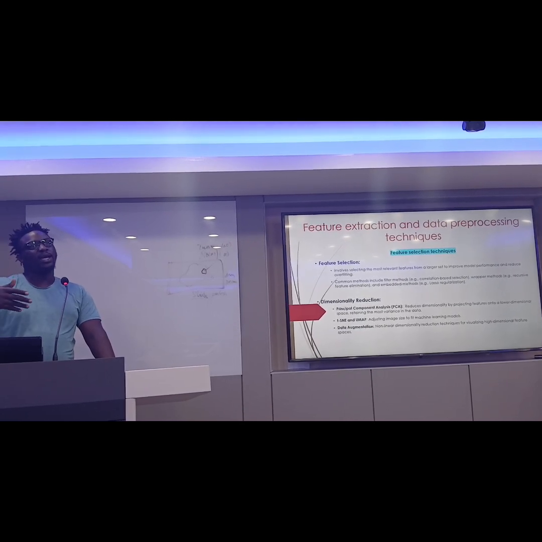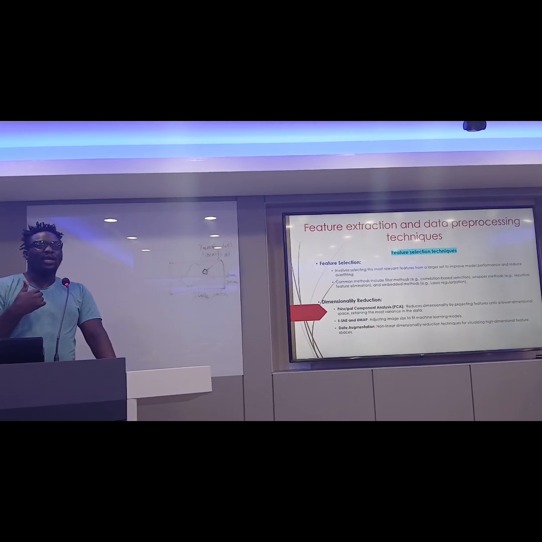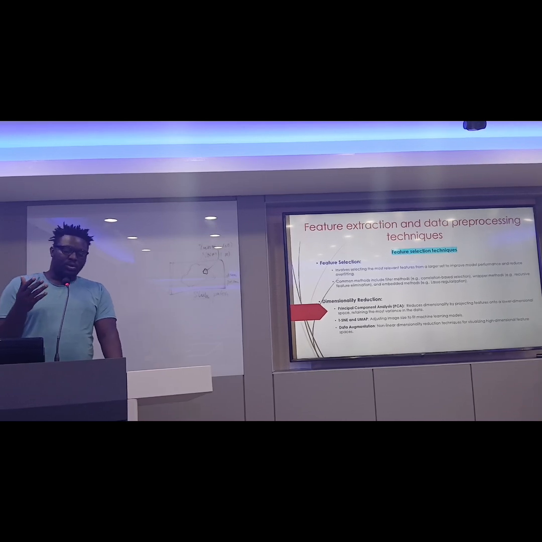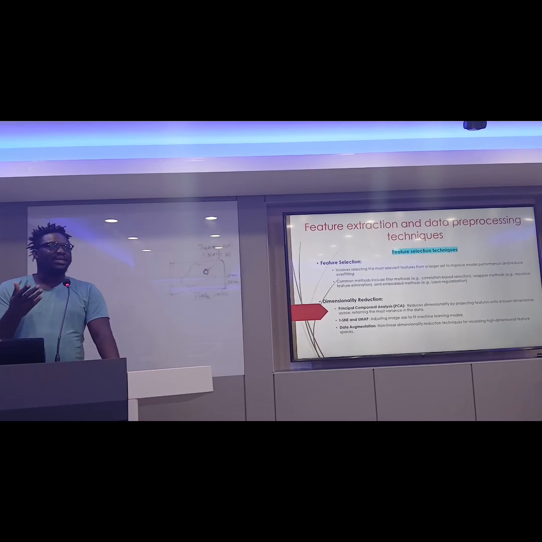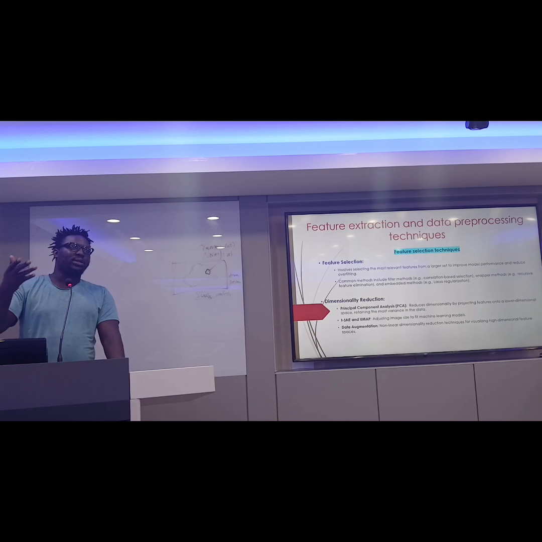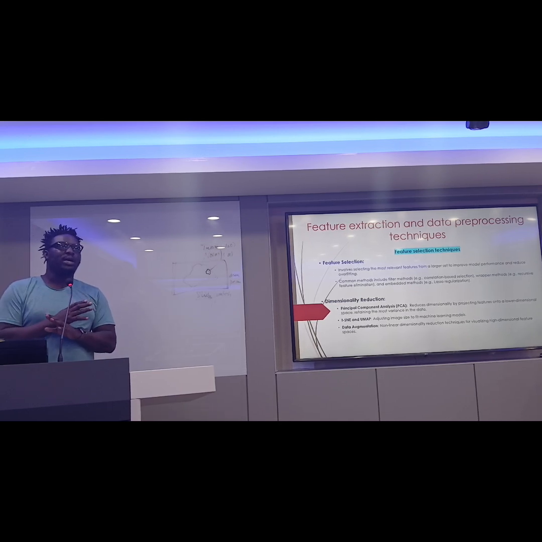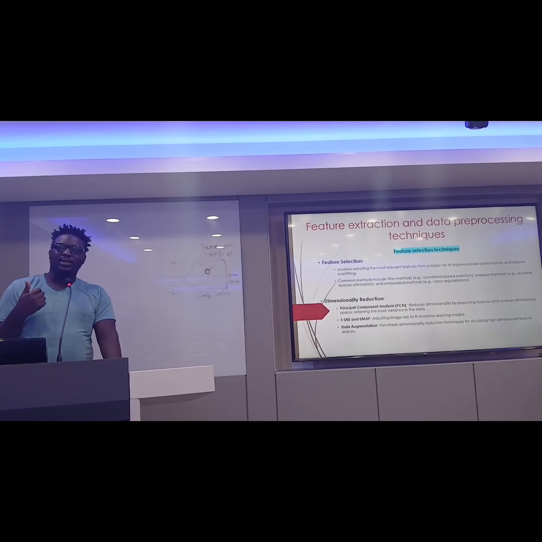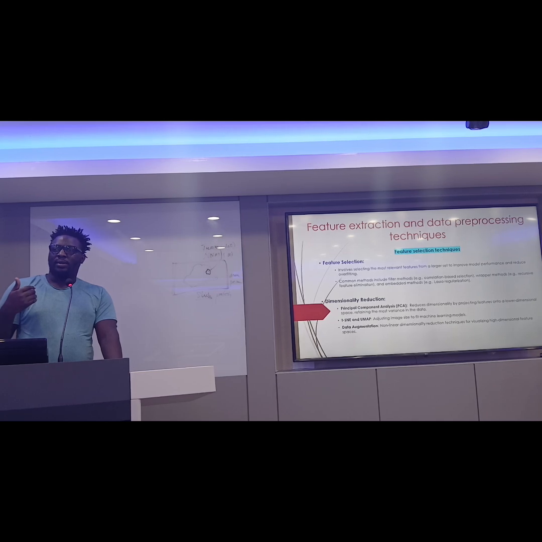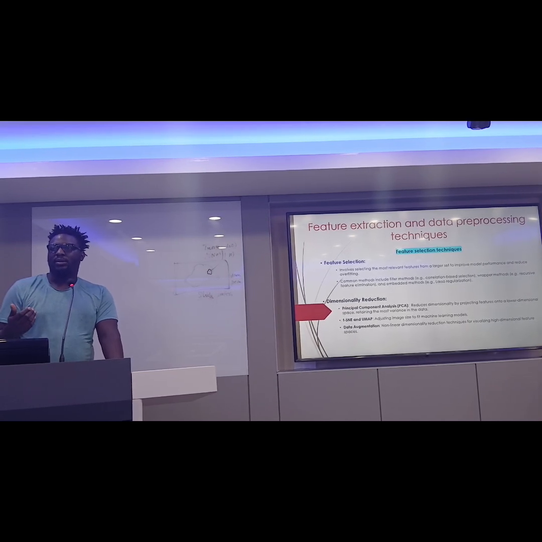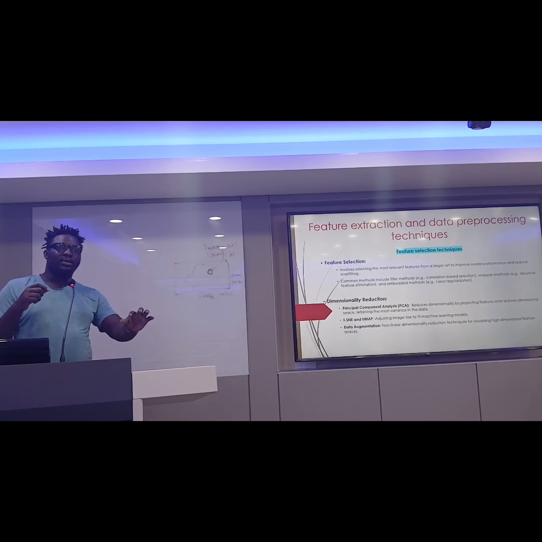You have to rank them, and then sometimes you may not be able to, in medical imaging. Because in computer vision and other applications, sometimes you decide, I will use this number of features. But in medical imaging, sometimes you cannot, because you need the pathologist's advice. What if you remove a feature that is really important in diagnosis? The pathologist has to tell you, no, this feature is key.